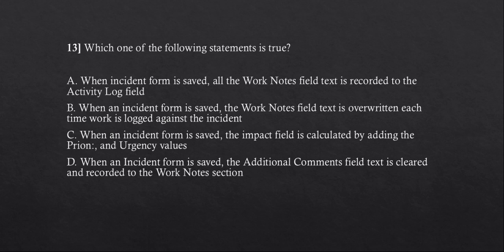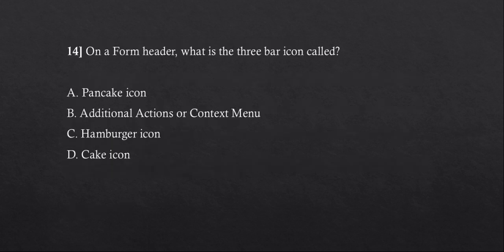C. When an incident form is saved, the impact field is calculated by adding the priority and urgency values. D. When an incident form is saved, the additional comments field text is cleared and recorded to the work notes section. Answer: D.